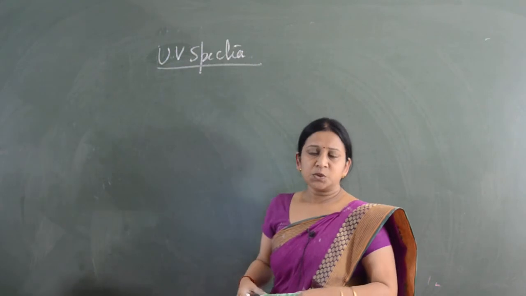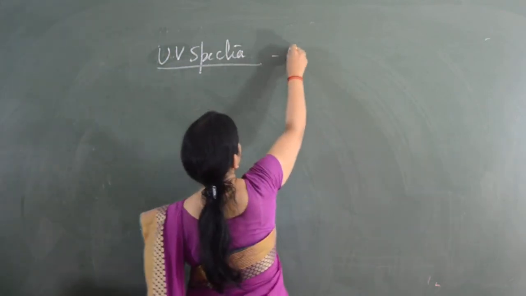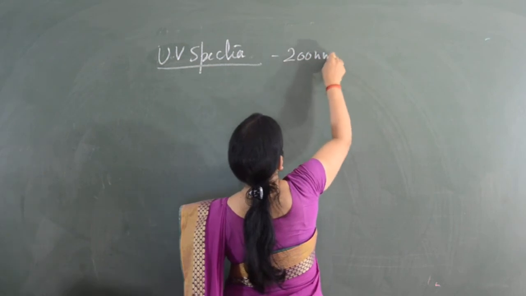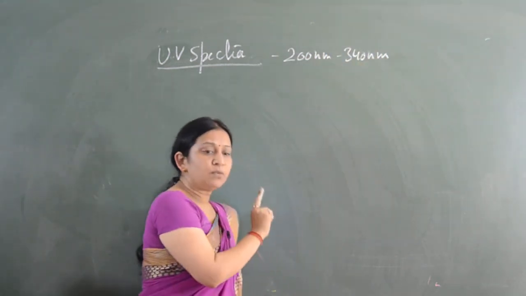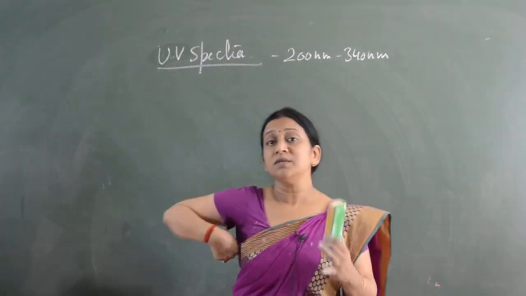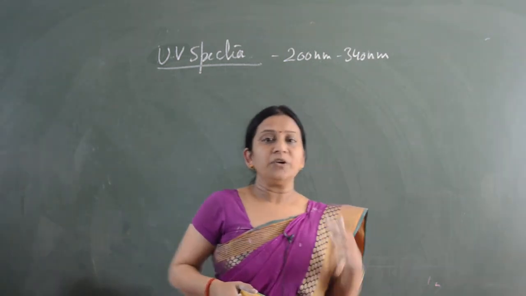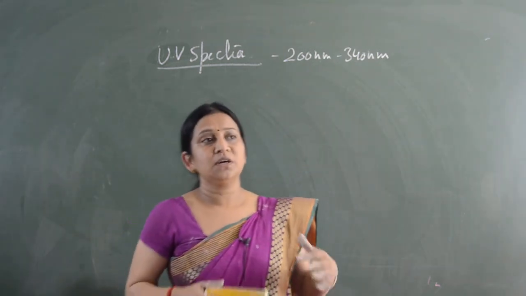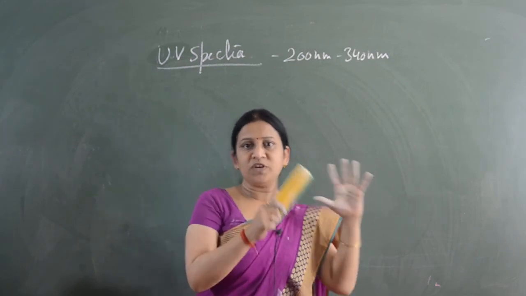As the name suggests, we require ultraviolet radiation. The range of UV spectra is 200 nanometers to 340 nanometers, and it is given by the molecules which have unsaturation with conjugation, and greater the conjugation, greater is the wavelength of absorption. This is the basis of UV spectra.